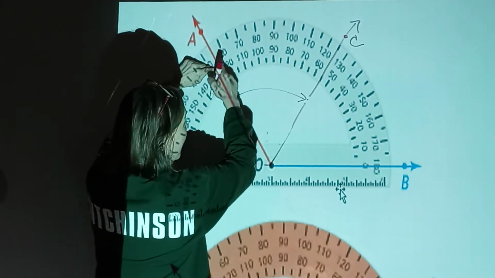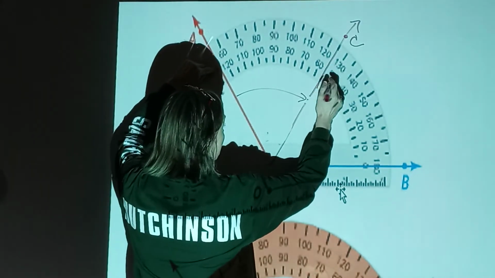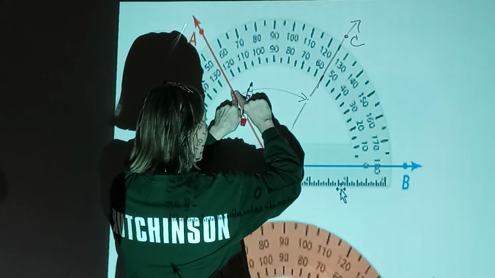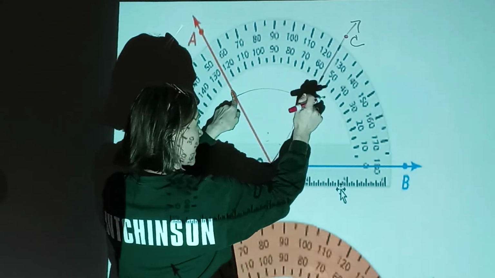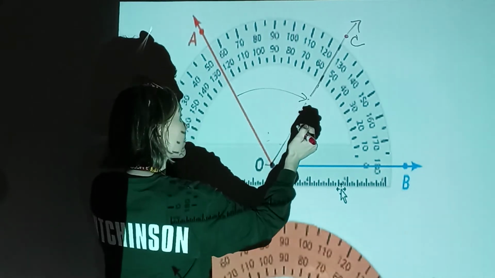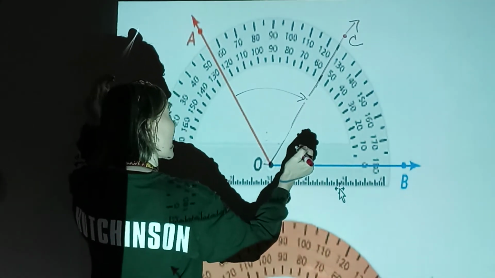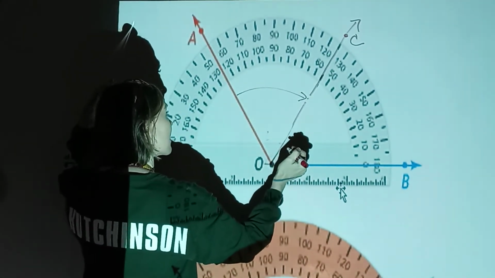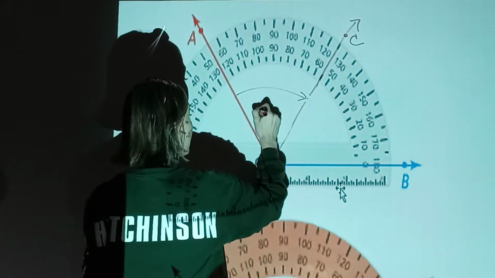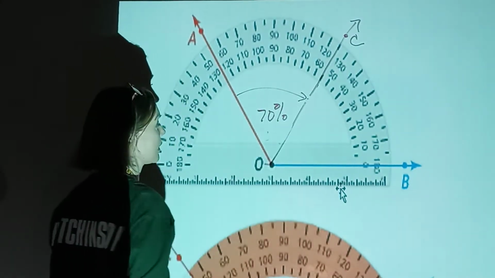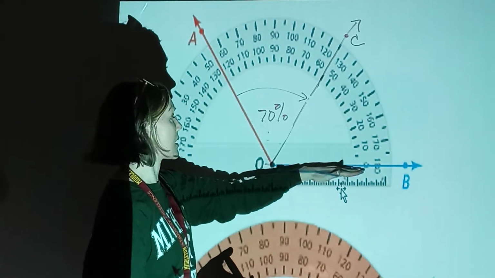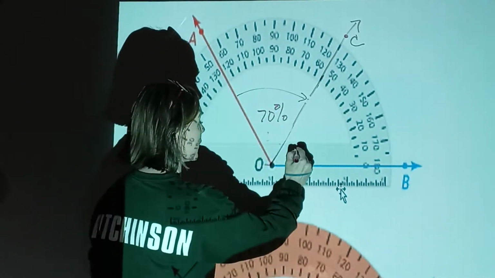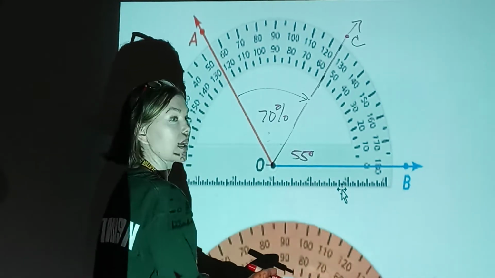This is 125 and this is 55 right here. So how would I find this? I would take 125 and subtract 55, and what does that give us? 70 degrees, okay? So, and then no subtraction necessary here, because from here to here is just 55 degrees, okay?